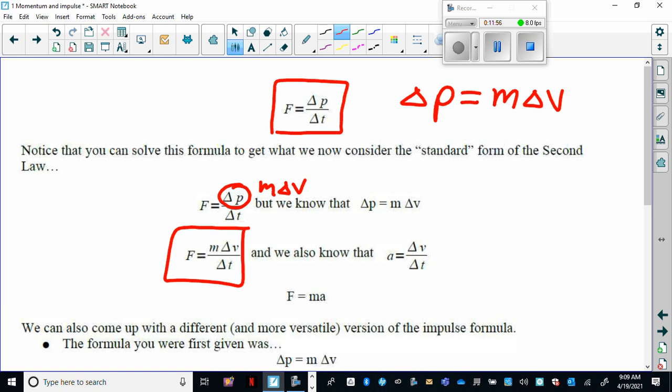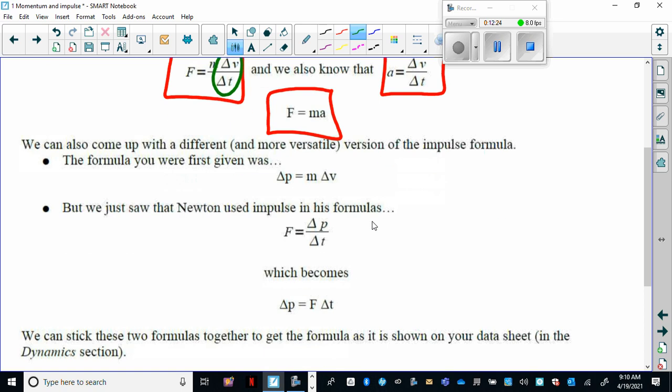But we also know from physics 20 that acceleration equals a change in velocity divided by a change in time. And that's how we end up with this formula that is so familiar to us, F equals ma, right? We can take this right here, and we can just substitute a in for that. So this is just how these formulas came to be.